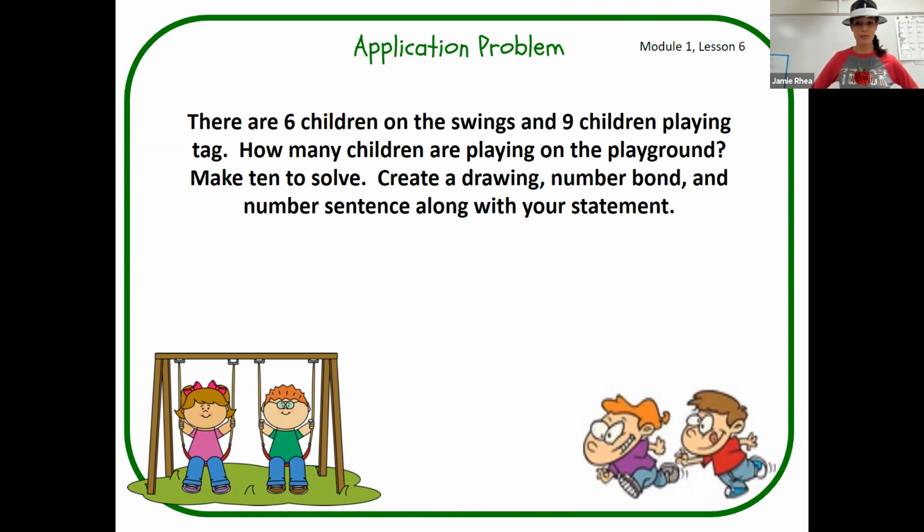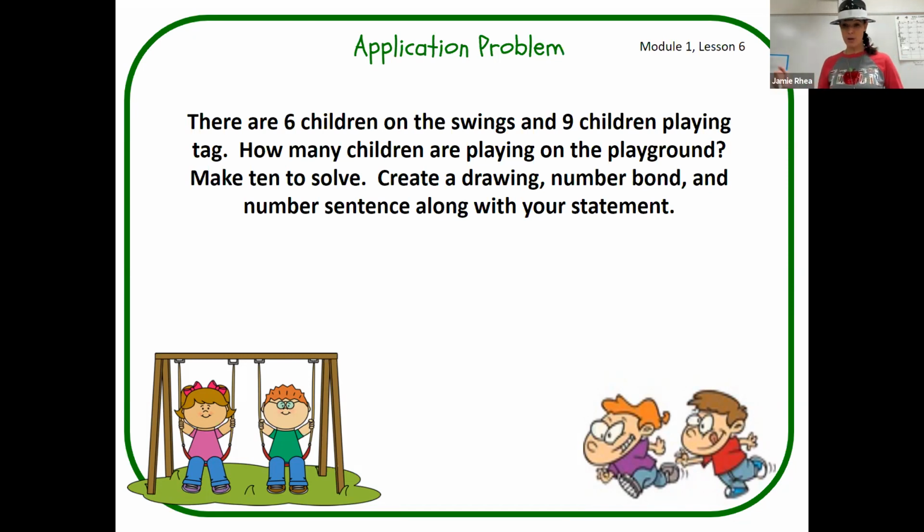Wow, okay, that was a lot, so hold on, let's go back. The first thing it tells me to do is I have to make 10 to solve. Okay, so that means I can't do exactly what I want to do. I have to make 10 in order to solve, and that's okay because we know how to do that. The next thing it tells me to do is I have to create a drawing. Okay, we can do that. We know how to make drawings.